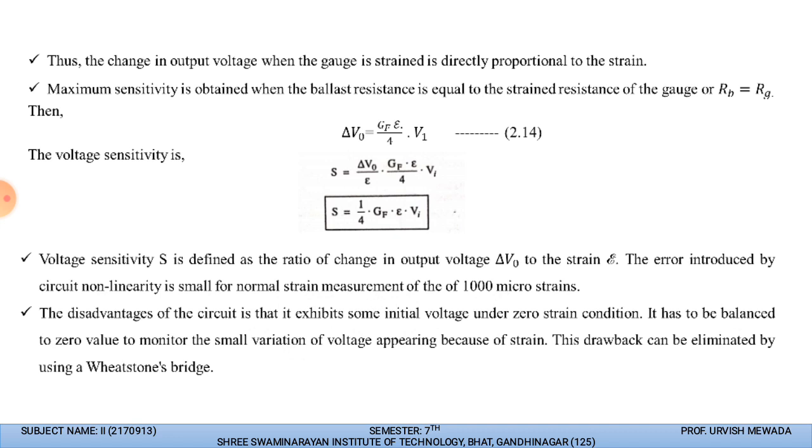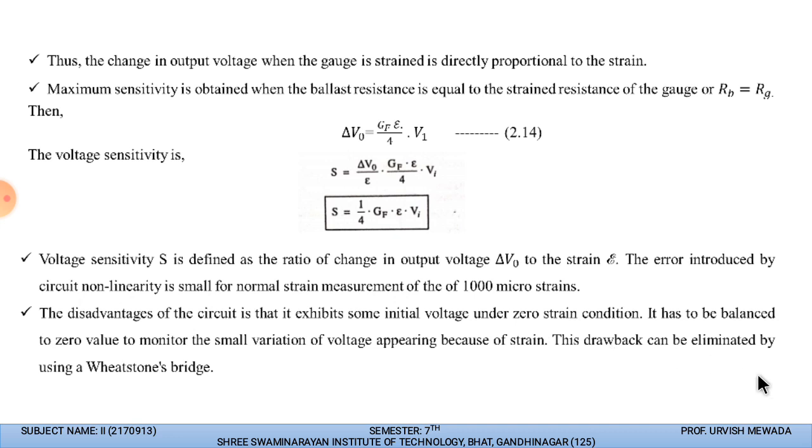Even if we have not applied the strain, we need to compensate that voltage, because it can generate error while we measure the strain with the help of the strain gauge. So it has to be balanced to zero to monitor the small variations of the voltage appearing because of the strain. This drawback can be eliminated by using the Wheatstone bridge.